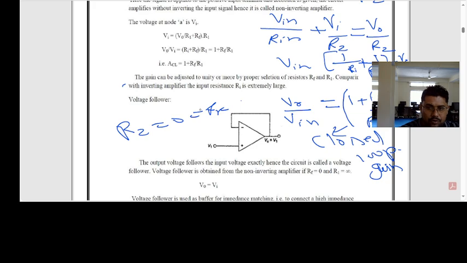Then for the V output, we can make this a short circuit by putting 0 here, so whatever input we are applying will appear the same at the output. That is called a buffer.